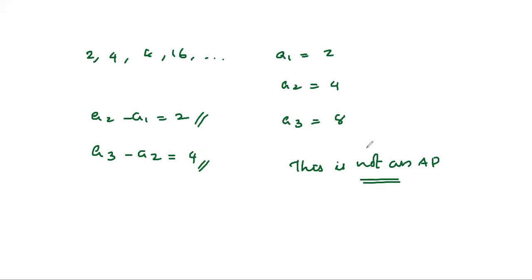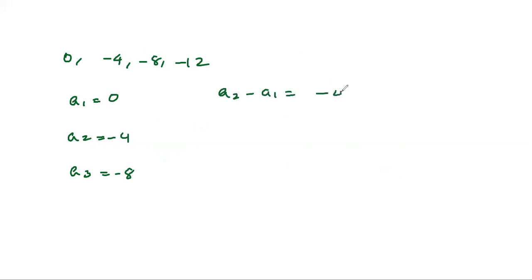Now we'll move to some other problems. The next one is 0, minus 4, minus 8 and minus 12. Here A1 is 0, A2 is minus 4 and A3 is minus 8. Then we'll calculate A2 minus A1, that is minus 4 minus 0, it is minus 4.